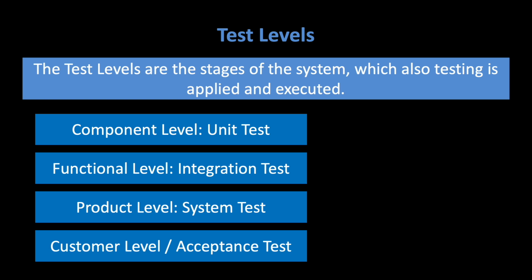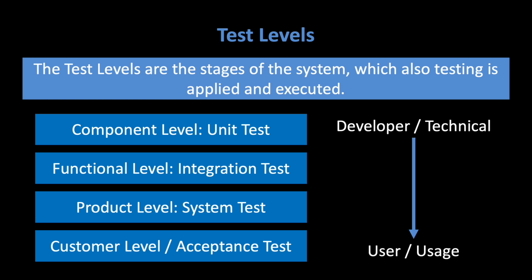Sometimes those tests are done by the customer themselves, where on the other end of the spectrum you have usually developers or very technical staff doing component tests. And in between, that's the area where system test is very important and also very relevant.